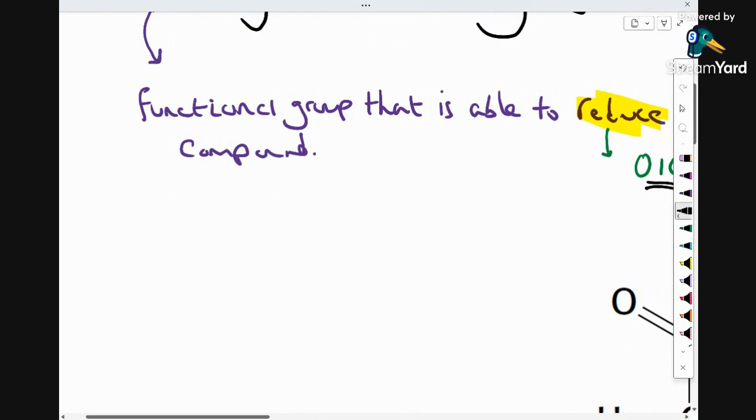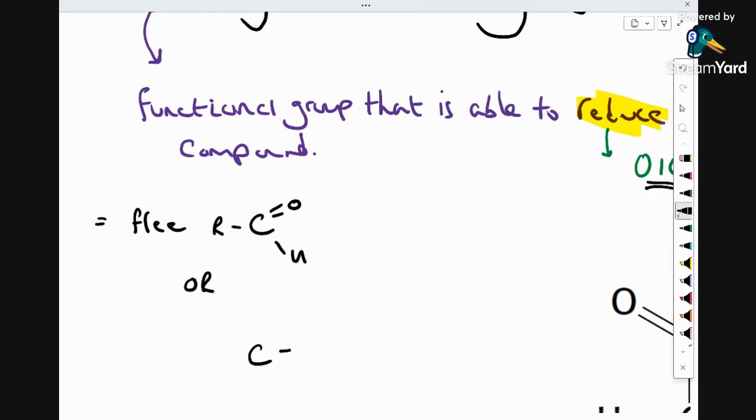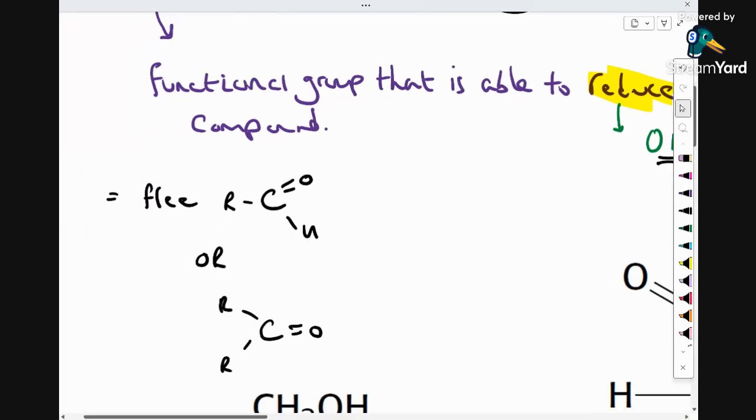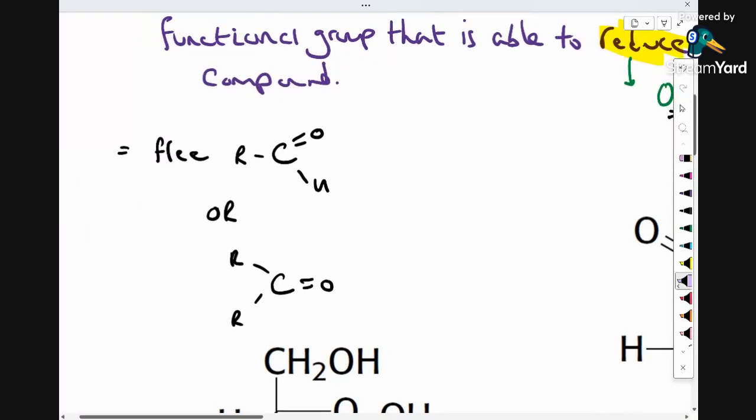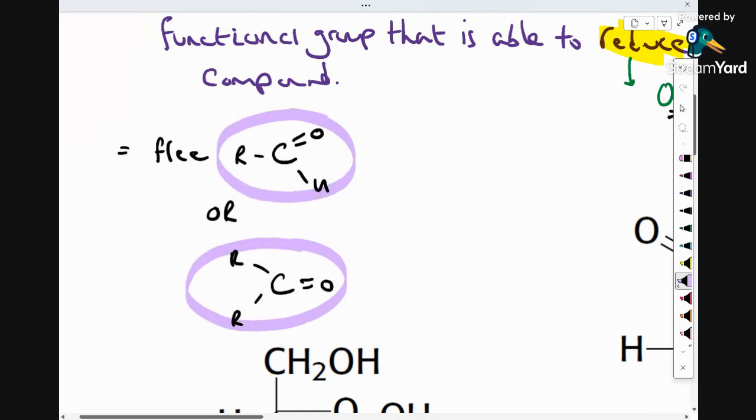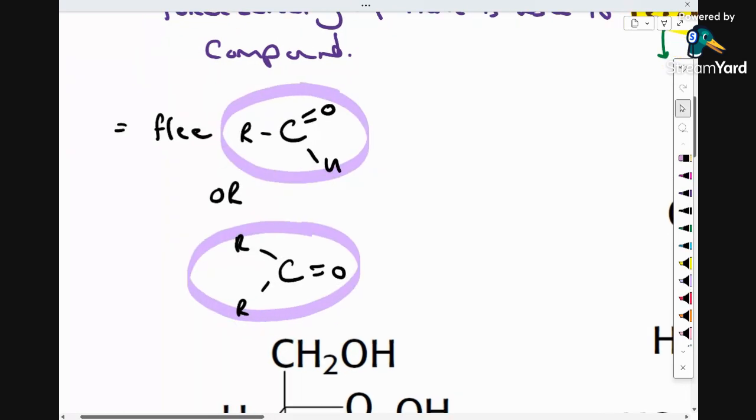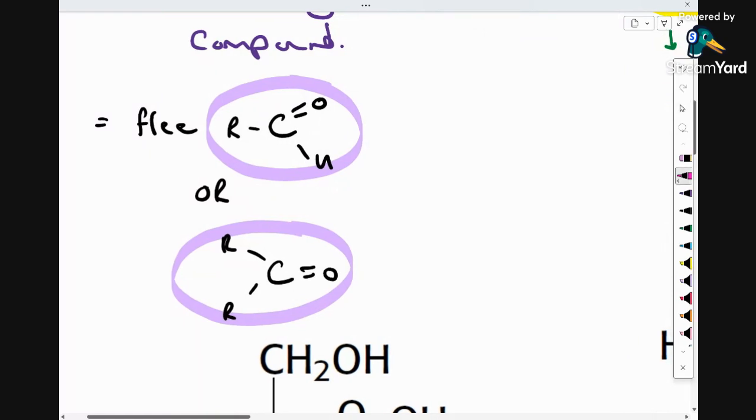So, what makes a reducing sugar, or a sugar able to act as a reducing agent? The answer, quite simply, is you need a free or an available either aldehyde functional group or a ketone functional group. So in your chemical structure, you either need to be an aldehyde or a ketone. And of course, we've come across these last lesson.